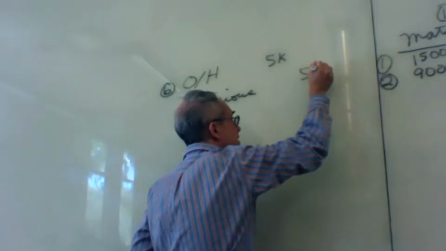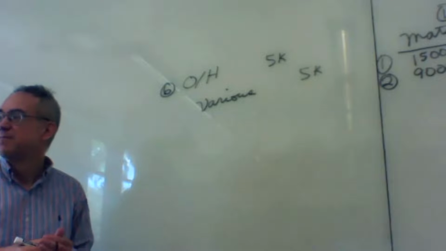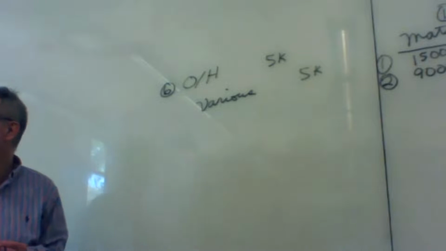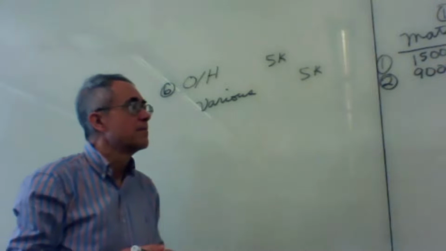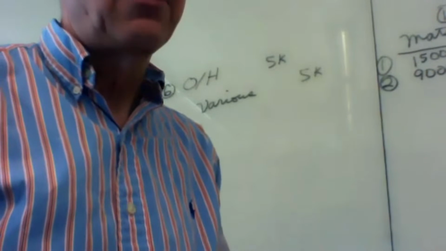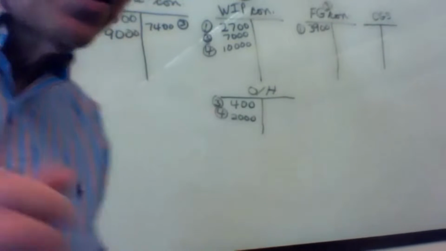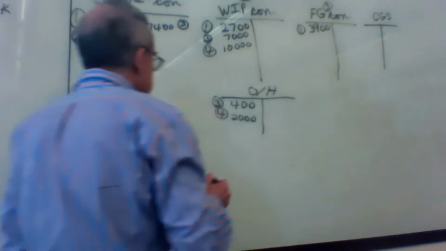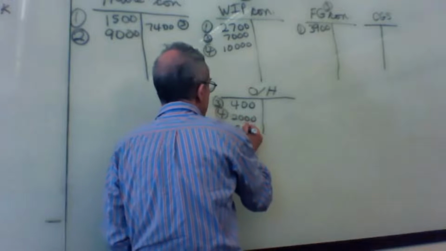Again, 5,000. There's what that looks like. And over here, I'm going to be debiting overhead by 5,000.